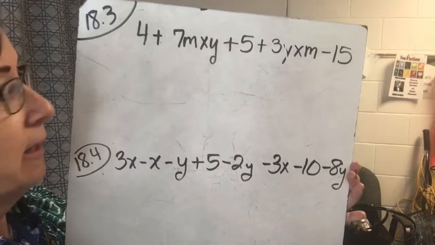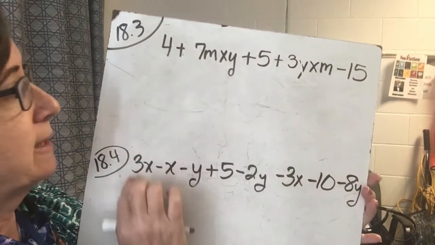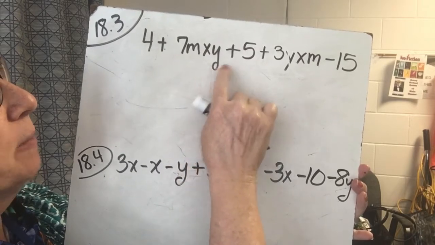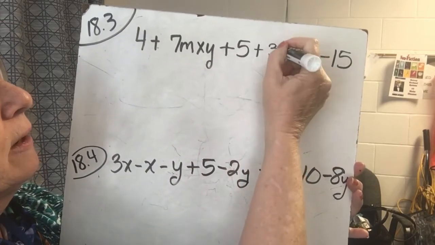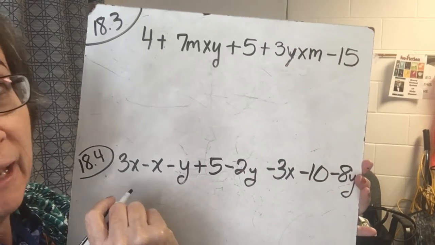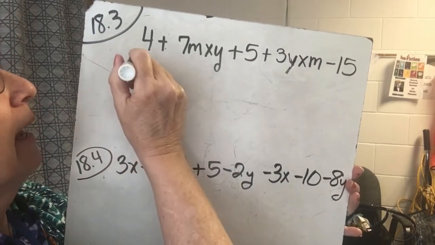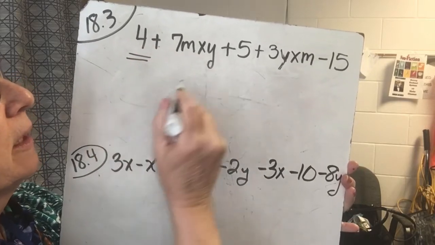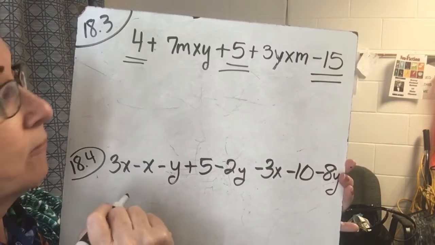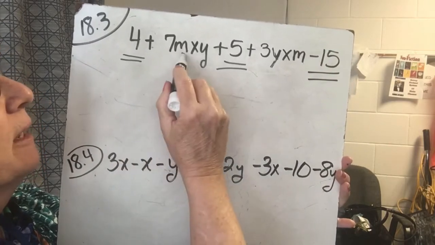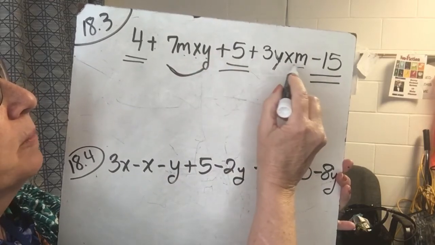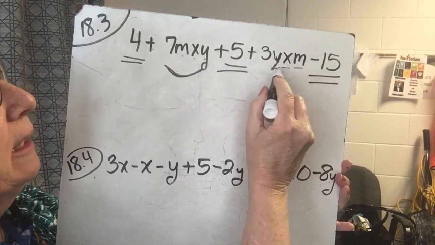Okay, so again, I have two more examples. 4 plus 7mxy plus 5 plus 3yxm minus 15. We have a lot of constants in this one. I have a 4, and I have a 5, and I have a negative 15. Then I have an mxy and an mxy.